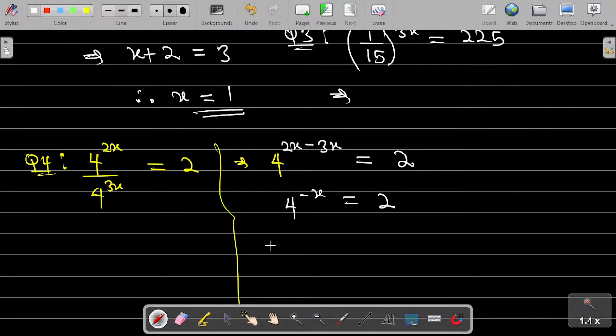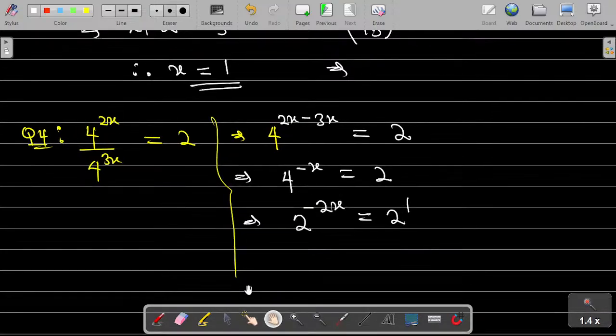Then we can write this 4 in base 2 so that both sides would be in the same base. That's going to give us 2 raised to the power of 2, and that 2 will multiply the existing minus x. That's going to give us minus 2x, which is equal to 2 to the power of 1.